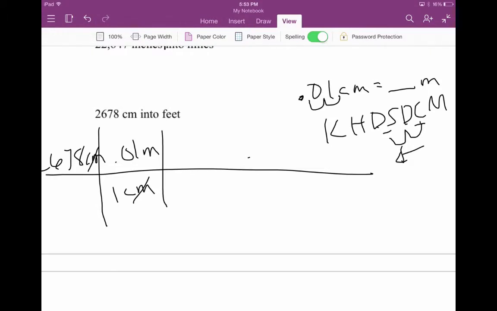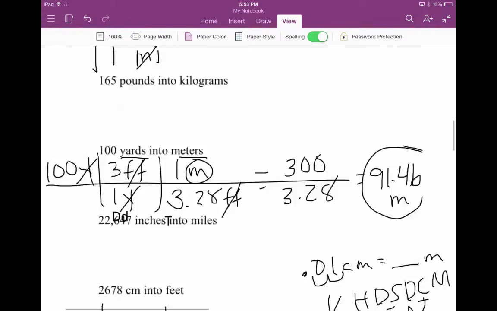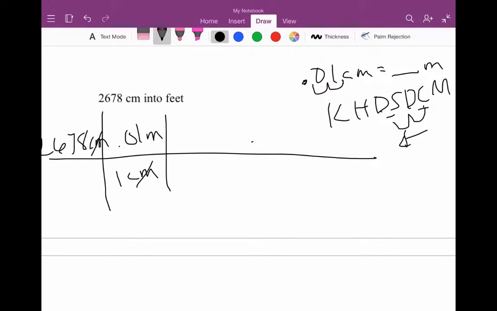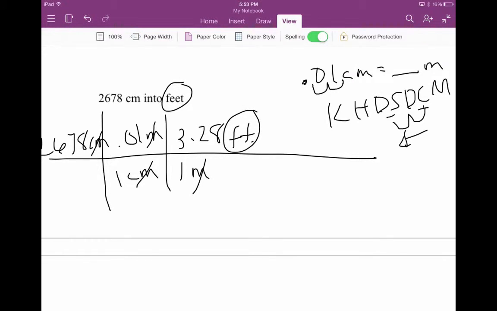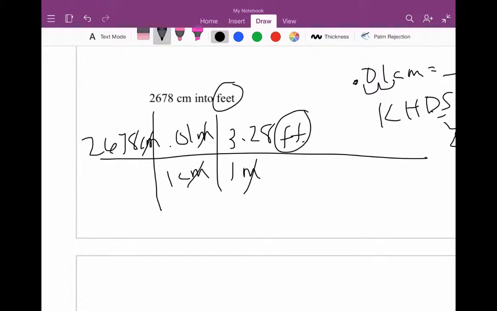Now we have the right units for this. 1 meter equals 3.28 feet. So we have 1 meter on the bottom because we want them to cross out. 3.28 feet. We have our desired units of feet. Now we can multiply. We multiply across the top, which is 2678 times 0.01 times 3.28.